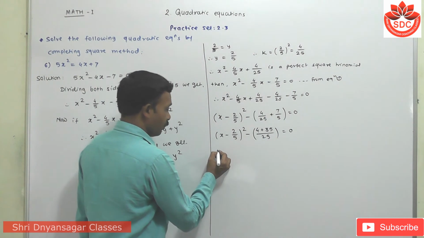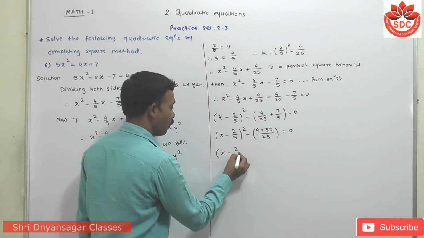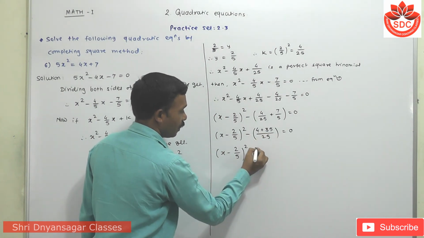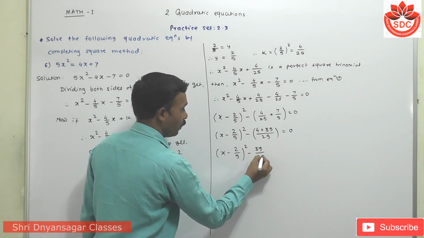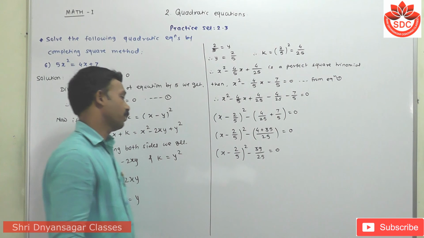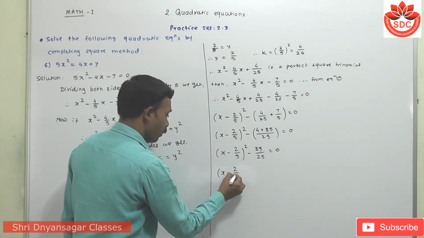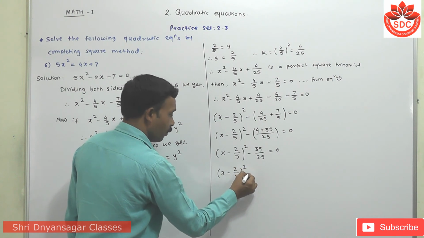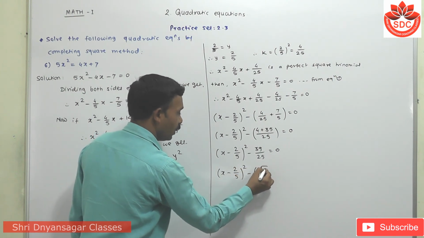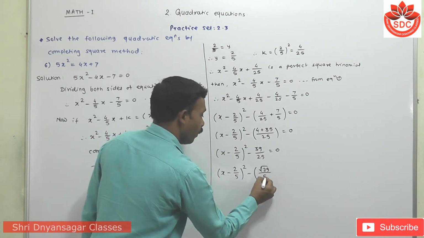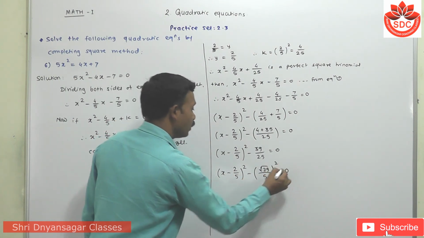Then addition becomes x minus 2 upon 5 bracket square minus 39 upon 25 is equal to 0. This is the square of which number? x minus 2 upon 5 bracket square minus root of 39 upon 5 bracket square is equal to 0, because 39 is not a square of any number.